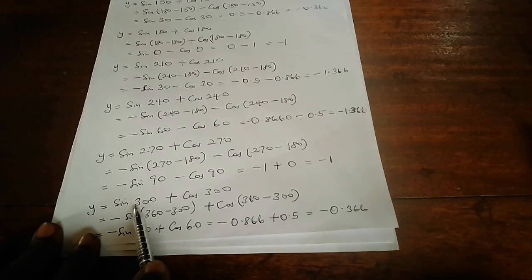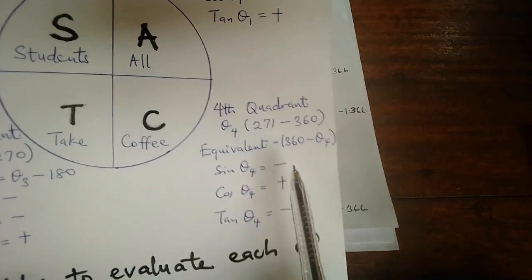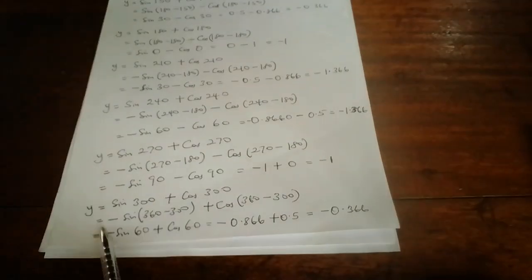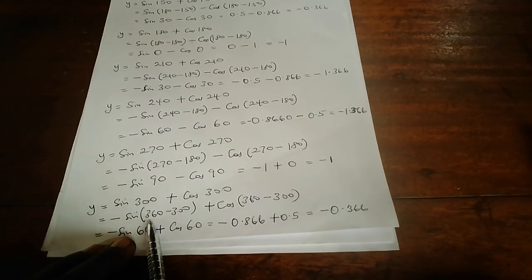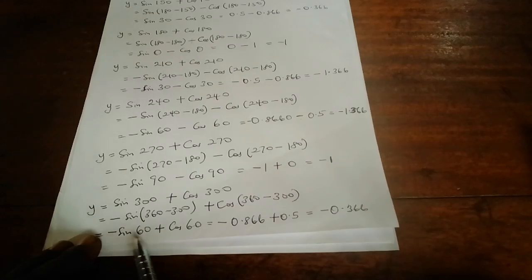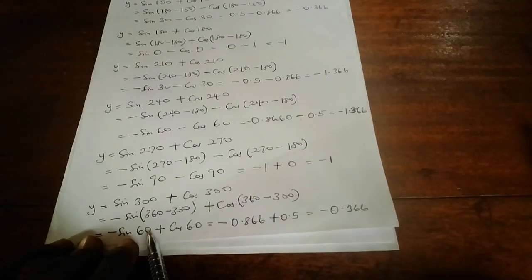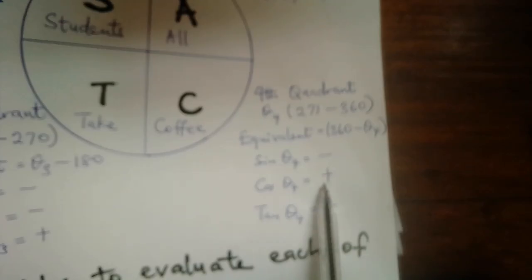When x is equal to 300, you're having sine 300 plus cos 300. So now we are in the fourth quadrant. Sine is negative in the fourth quadrant, so that means we'll be having minus sine. The equivalence of 300 in the fourth quadrant is 360 minus 300. 360 minus 300 will give us what? 60. Then cosine in the fourth quadrant is positive.